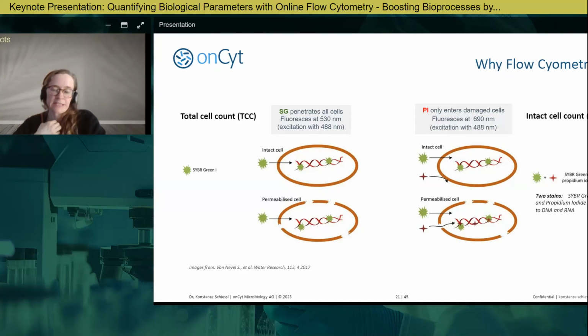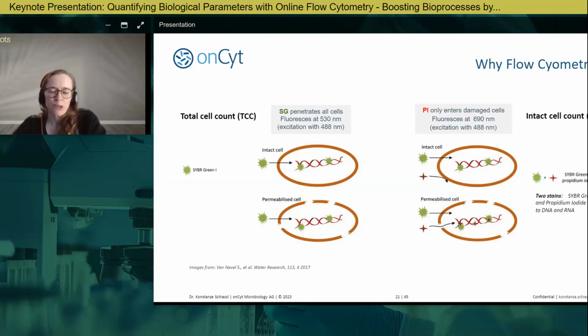You see, if it's an intact cell, the PI cannot go inside, so the intact cells will not accumulate any red fluorescence. They will just have the green from the SYBR Green binding. If the cell is damaged, however, the PI can get inside and it also binds to nucleic acid. So there's a bit of a competition between the SYBR Green and the PI.